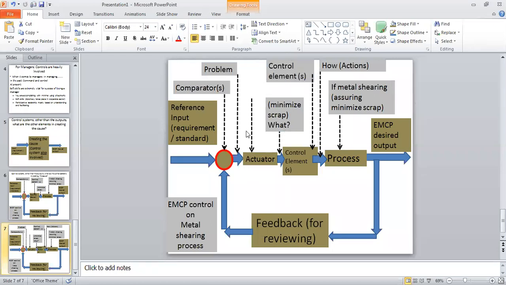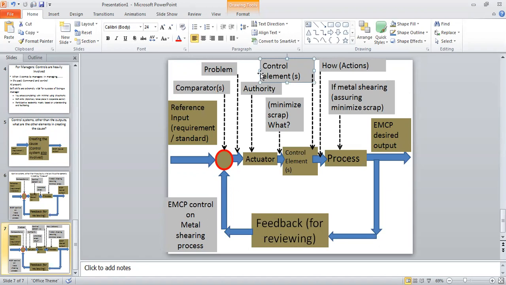Okay, so here can be the authority. I just put the authority. So this tells what should be done.